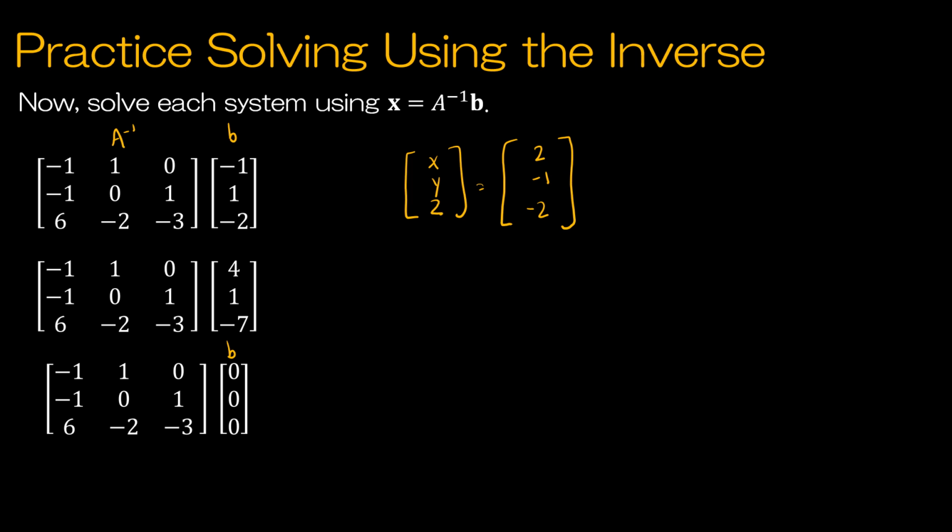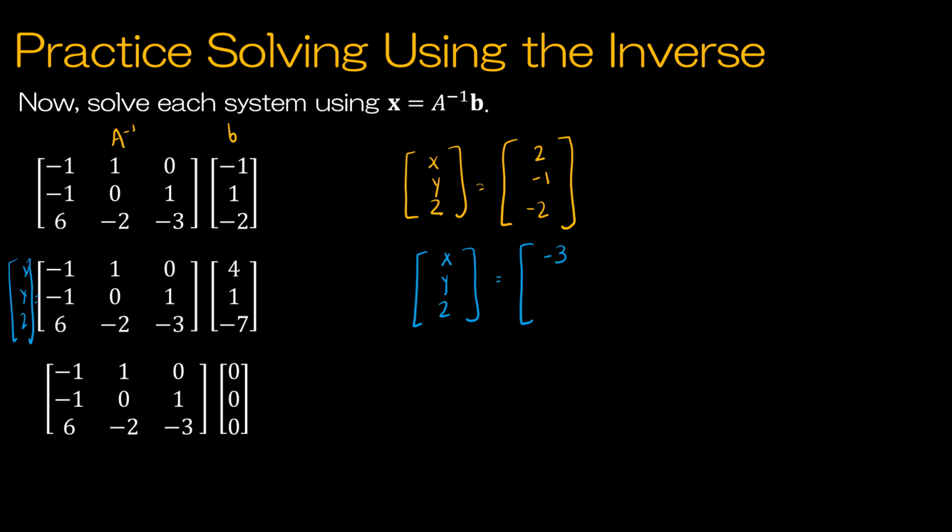Now I can do the same thing for the others. So again, this is going to be x, y, and z, which typically would be over here. X, y, z is equal to, I just forgot to put that on the slide. So now I'm going to do -1 times 4. Let's go ahead and rewrite it. -1, 1, 0. So -1 times 4 is -4, plus 1 plus 0 is -3.